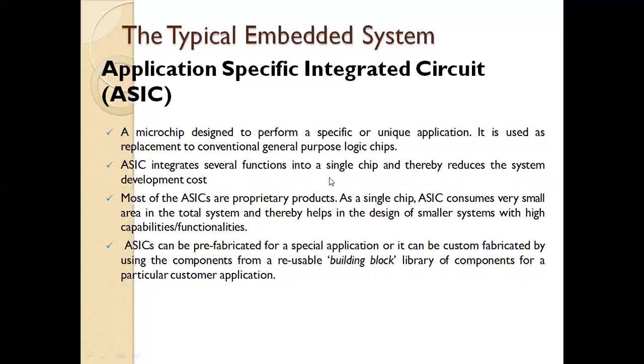It will not do any other task. That is called an application specific integrated circuit. ASIC integrates several functions into a single chip and thereby reduces the system development cost. ASICs can be prefabricated for a special application or custom fabricated by using components from reusable building block libraries.